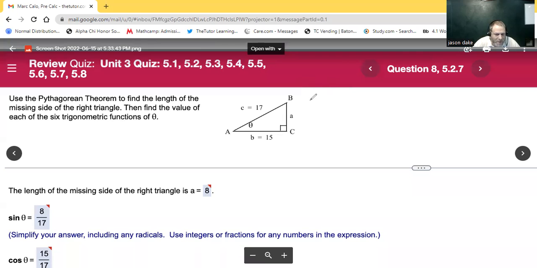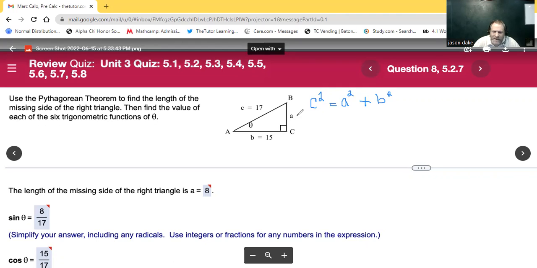Remember we said that the Pythagorean theorem was something like c squared equals a squared plus b squared. I'm getting better, guys. But we're not going to find c squared today.